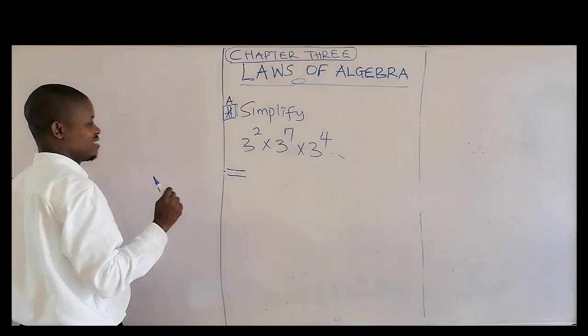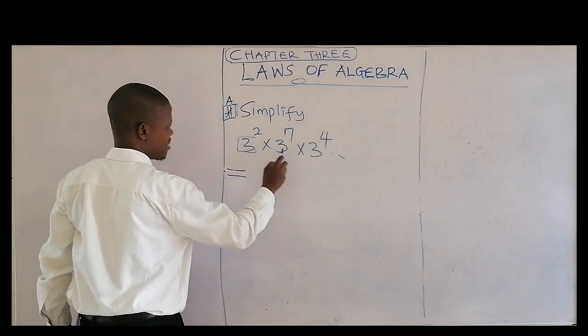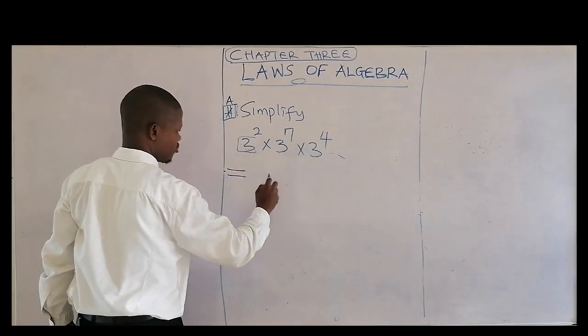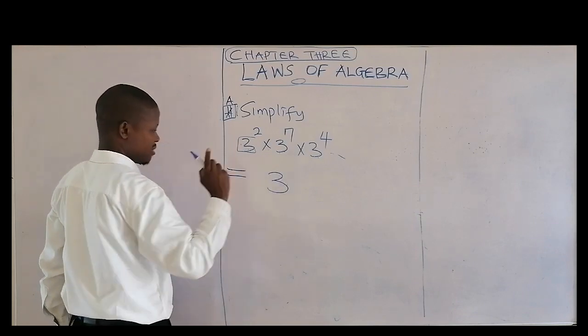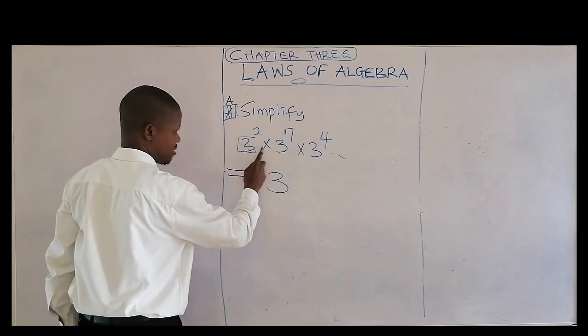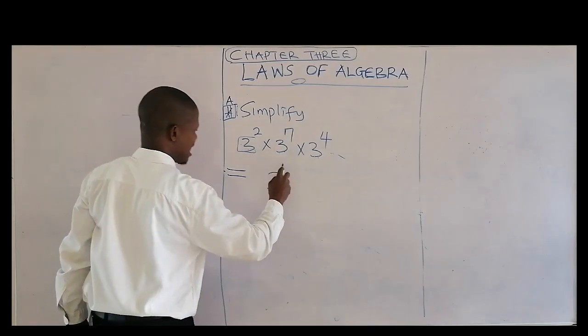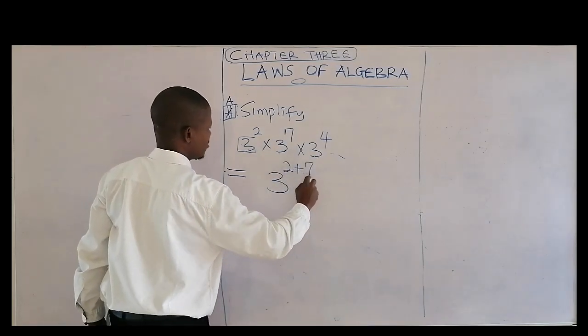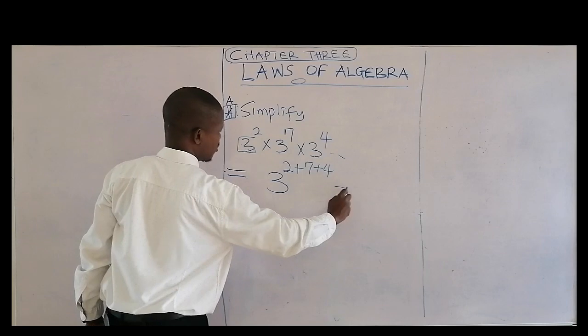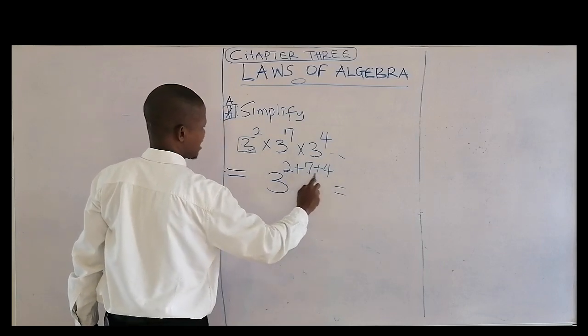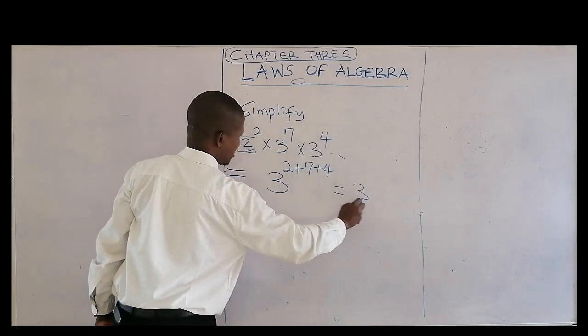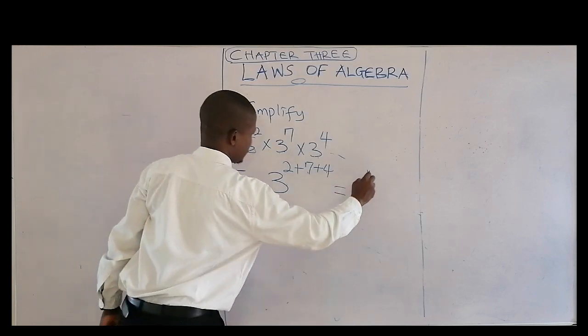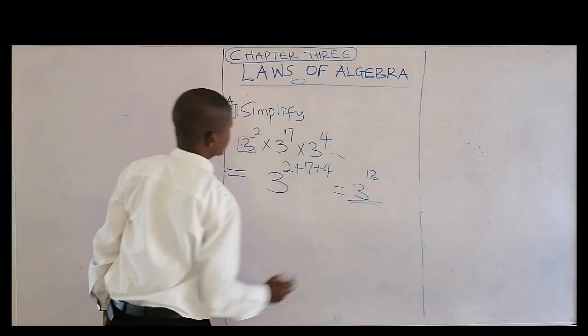So what is important is, are the bases the same? If they are the same, you pick one of the bases, and you multiply. If it's yes, then you add the power together. And that will be equal to what? 2 plus 7, that's 9, plus 4, that's what? That's 13. And that finishes your question.